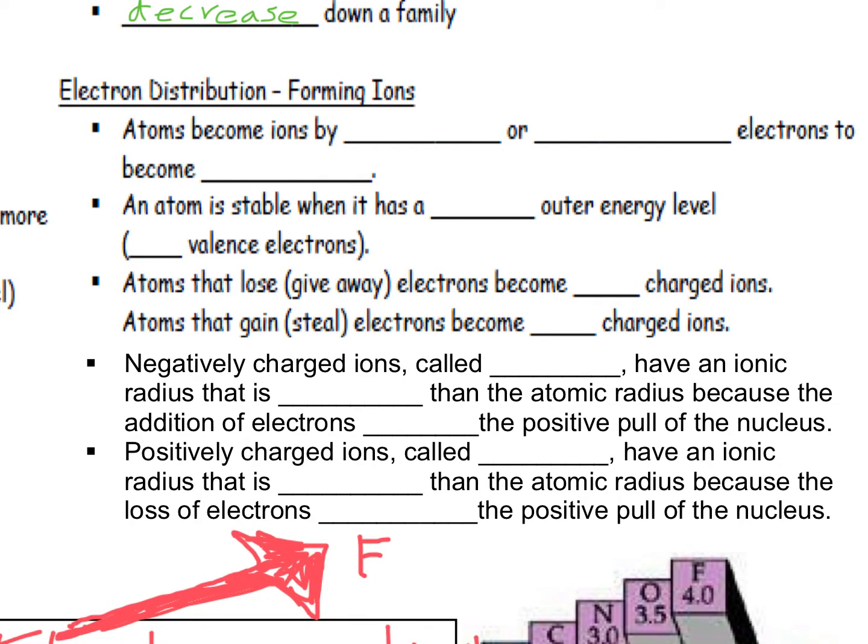And now finally, we're going to talk about forming ions. Atoms become ions by gaining or losing electrons to become charged.